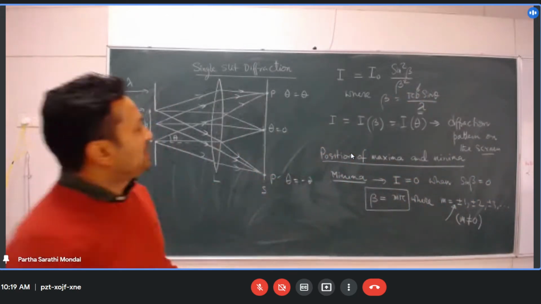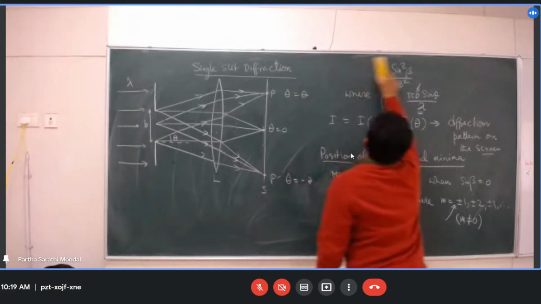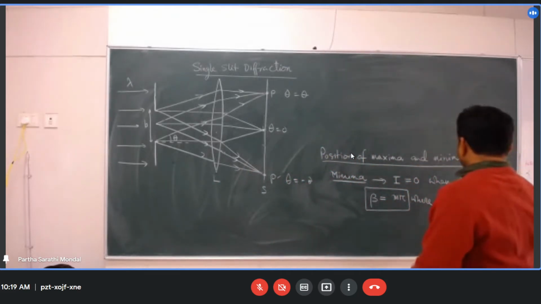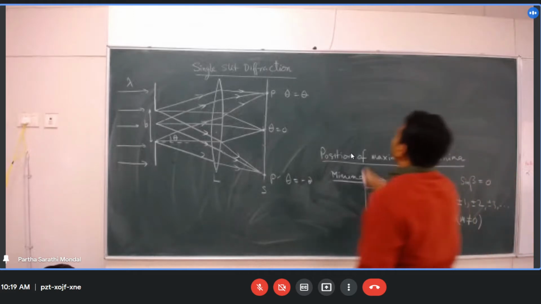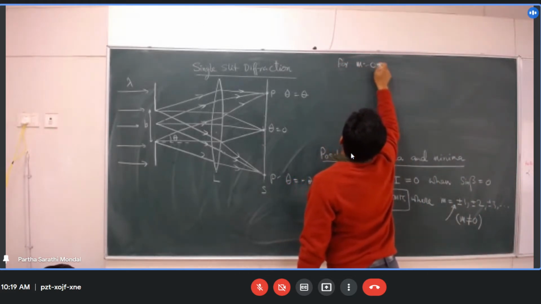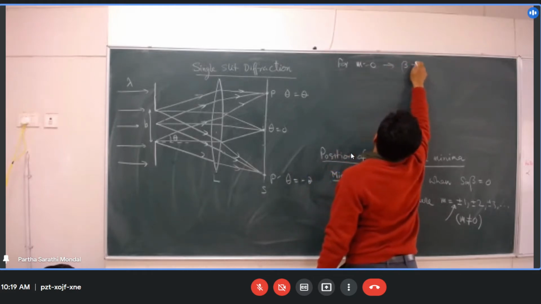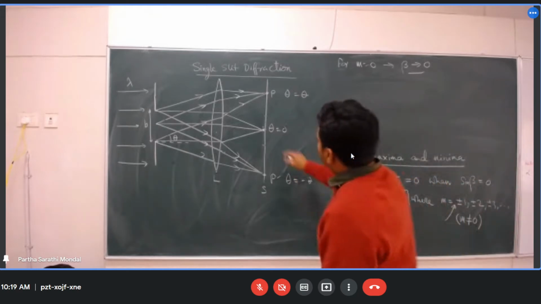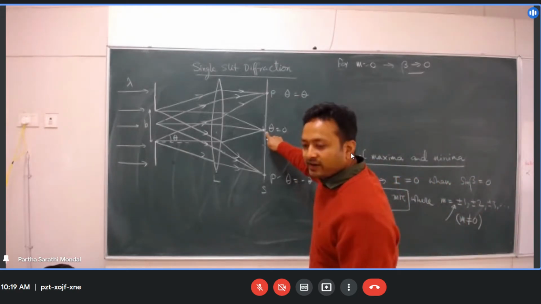If I put the limit, so let's put it. For beta equal to 0, obviously, m equal to 0 means beta equal to 0. So for m equal to 0, beta tends to 0. If I put the limit, it means it is closer to this point, theta equal to 0.